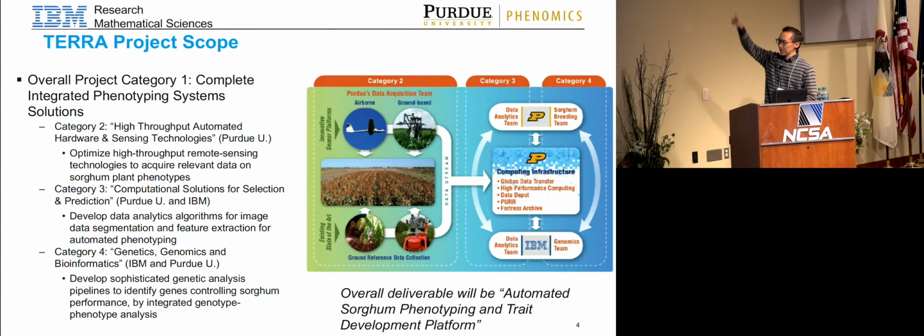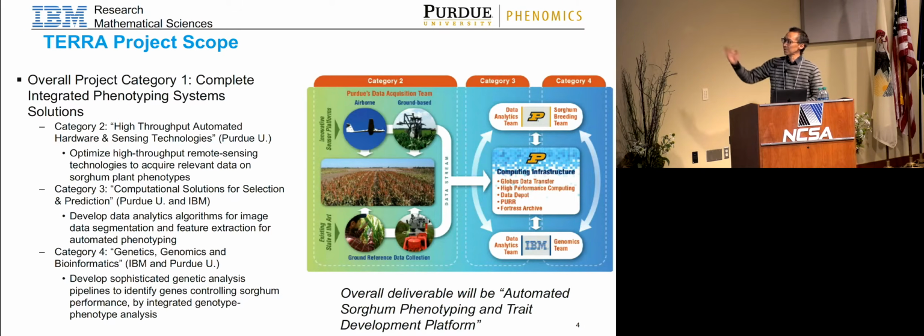Category 1 refers to the overall project, and I believe the University of Illinois and Purdue were two of the few teams that actually got the funding for the whole of category 1. But category 1 is then divided into three categories. Category 2 has to do with the actual design and building of high-throughput automated sensing technologies, and this was entirely done by Purdue. We took part from IBM Research in category 3 and category 4.